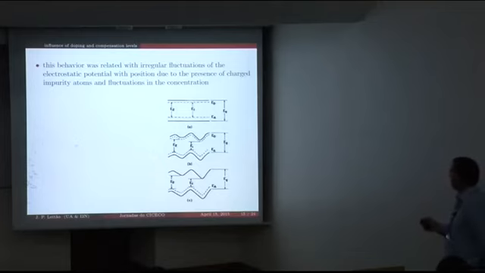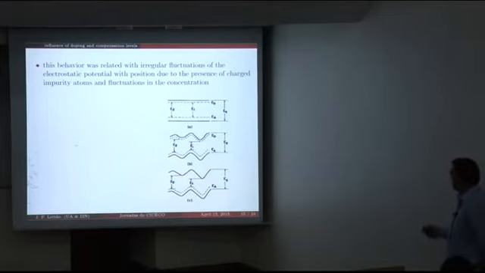And one of the important points is that the impurity atoms, in the case of gallium arsenide or in the case of CZTS, as I will discuss next, the defects must be and should be charged. Okay?